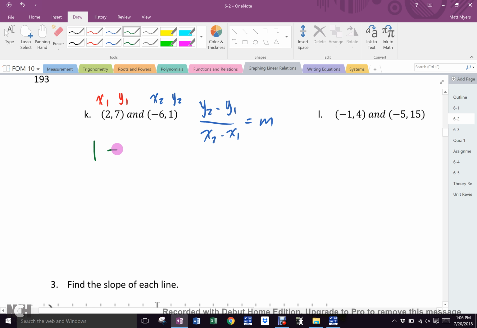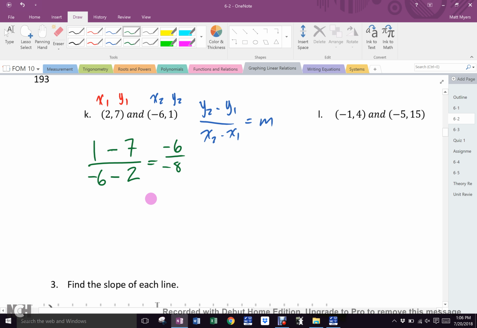What is y1? 7 over. What is x1? X2. Negative 6 minus. What is x2? 2. What is 1 minus 7? Negative 6. What is negative 6 minus 2?